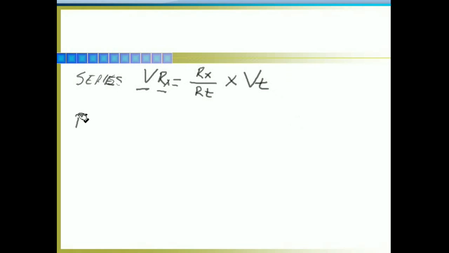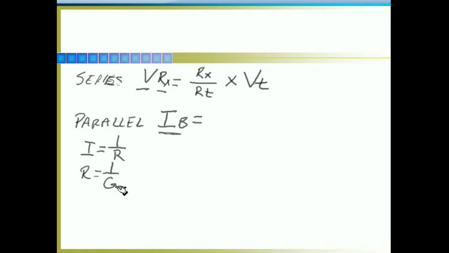In a parallel circuit, your current drop across a specific branch is going to equal, since current and resistance are inversely proportional, and resistance and conductance are inversely proportional, just as we discussed back in Chapter 5, then instead of using R to calculate, we're going to use conductance.